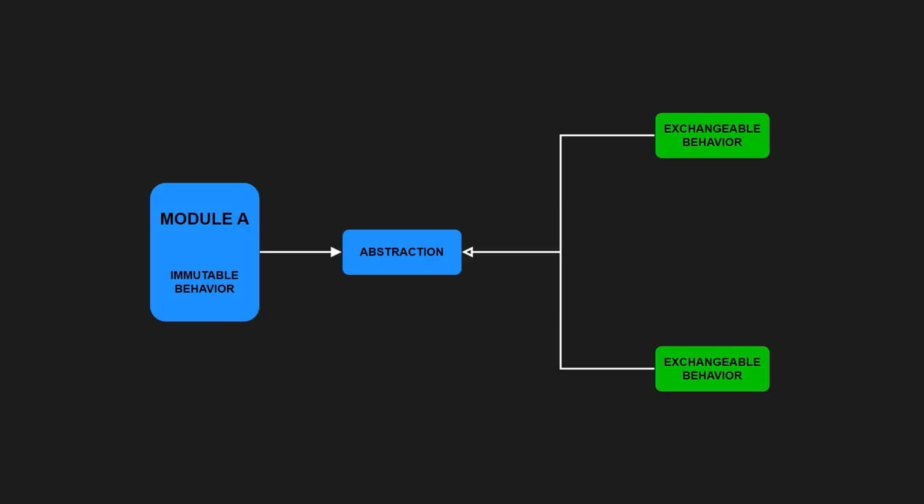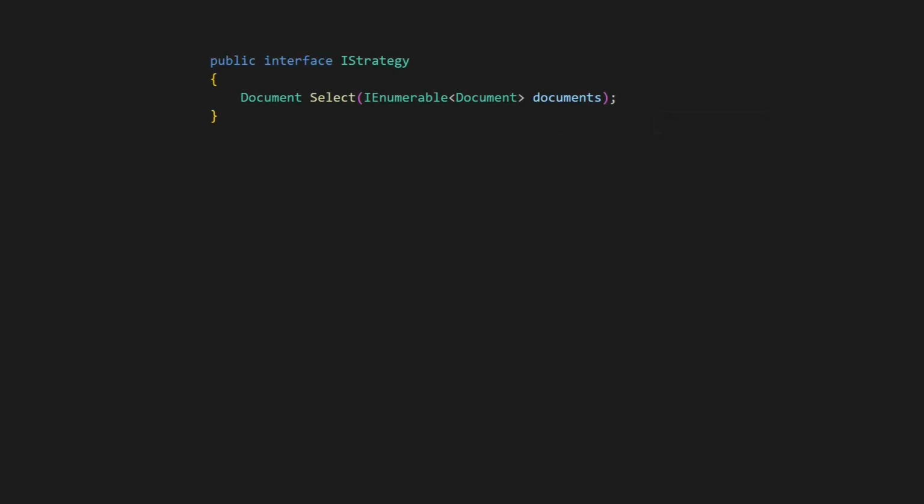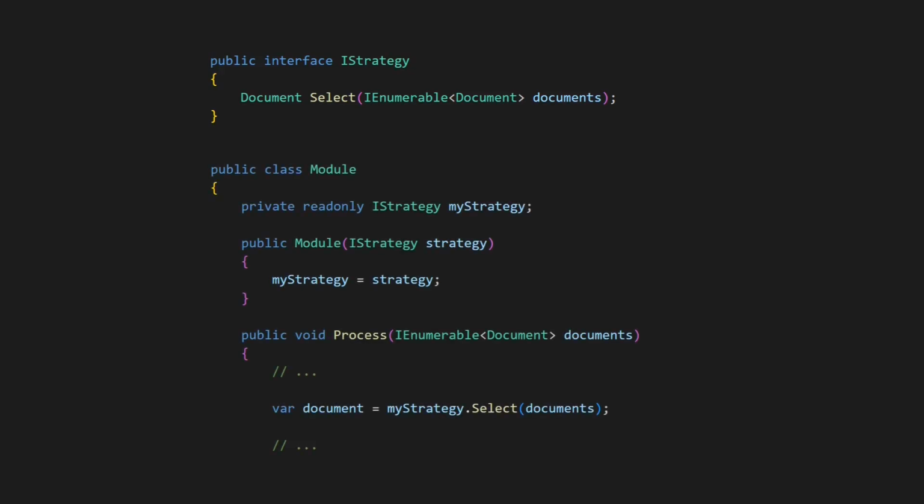In object-oriented design, we usually do not use functions to define such abstractions, but interfaces or abstract base classes. One of the classic design patterns used to apply the open-closed principle to a module is the strategy pattern. Therefore, we define an interface of one or multiple methods and pass this to the module, usually through the constructor.